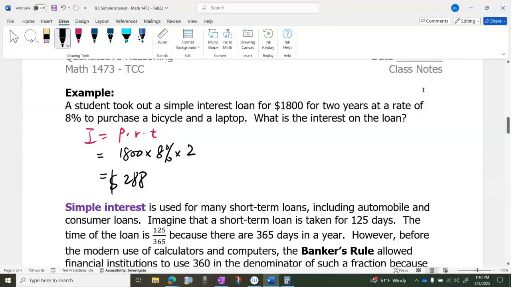So after 2 years, you are going to repay the lender the $1,800. On top of that, $288. So in 2 years, you need to pay $2,088. The lender does not just give you money for nothing. They give you money because they want the interest, right?